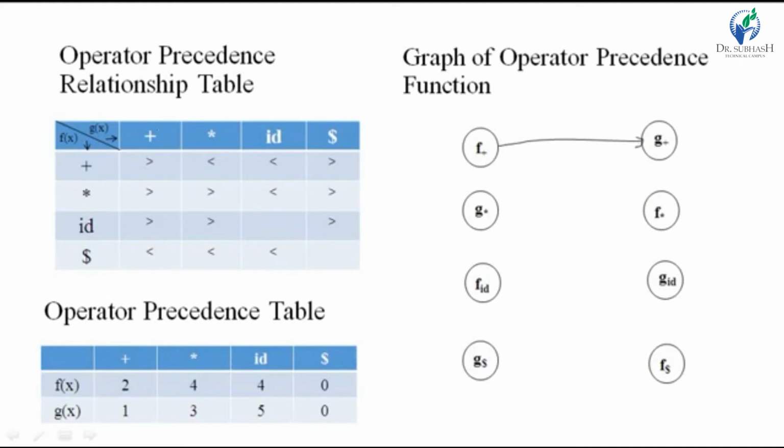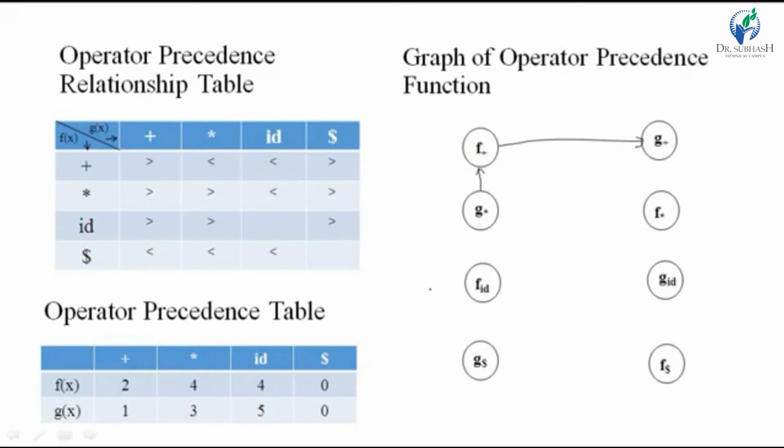F plus to G star: G star has the highest precedence, so G star to F plus. Draw the arrow like this. The greater precedence goes outward.